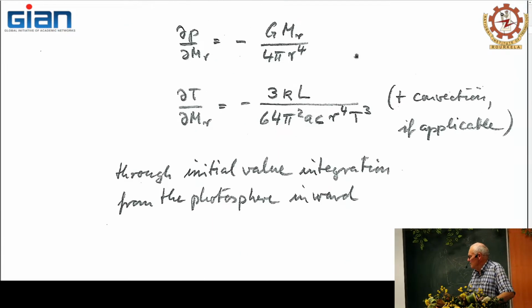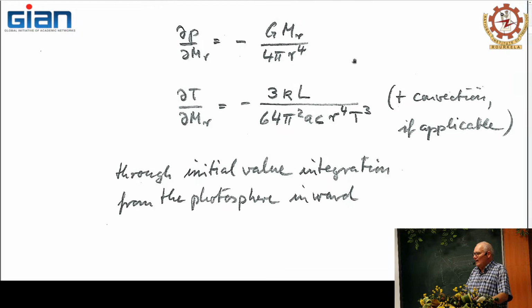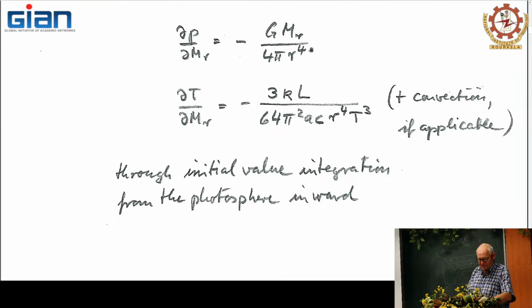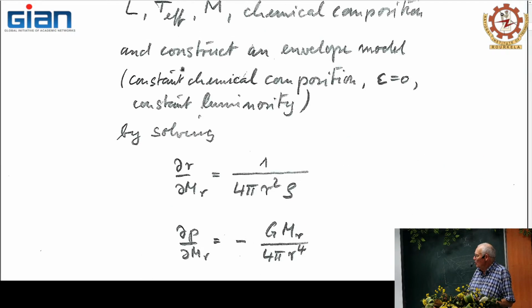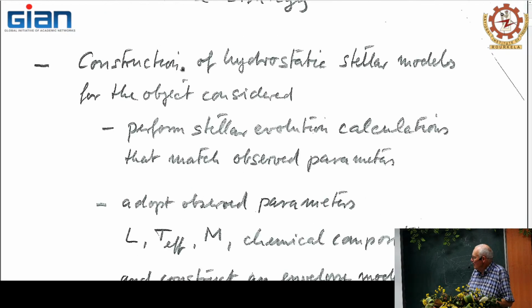So the first step in any investigation of stellar pulsations and stability would be the construction of a hydrostatic model, either obtained by envelope integration, by an envelope model, or, if we are able to do this, we perform stellar evolution calculations for the parameters and try to match an evolutionary track which goes through the observed position.